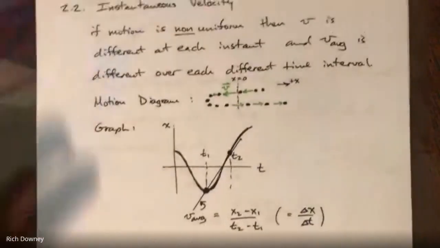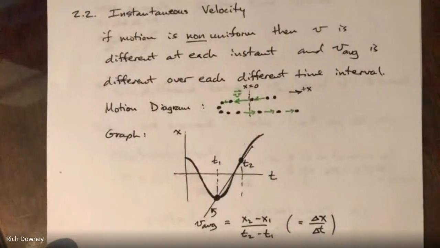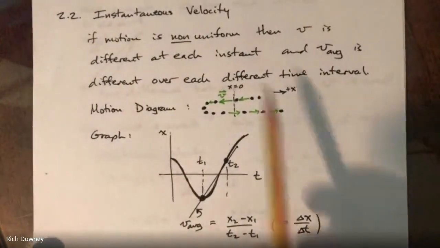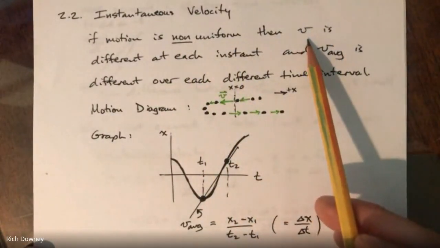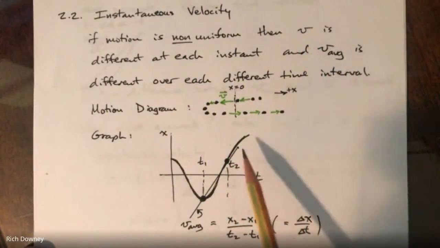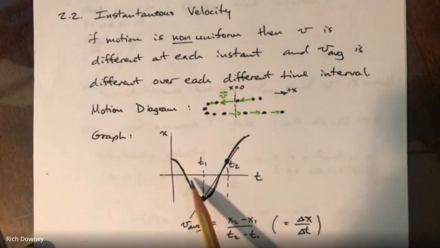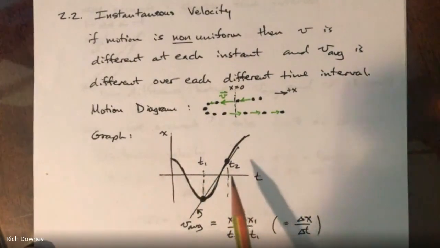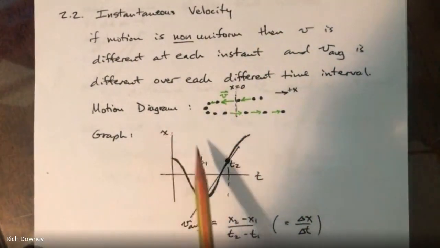Okay, and that leads into this idea of instantaneous velocity. So if the motion is not uniform, then we're going to have different velocities at each instant. And if we pick 2 different time points for our interval, we're going to get a different average velocity each time. So here's an example.